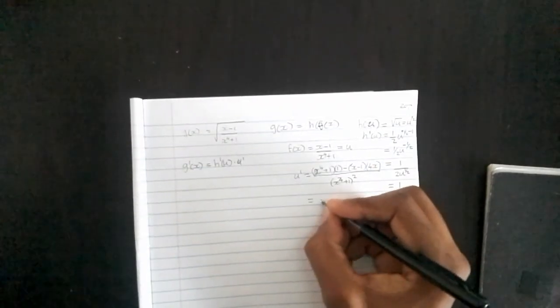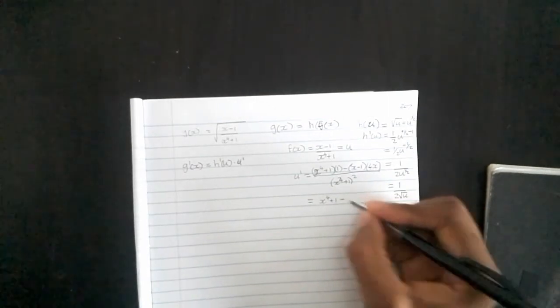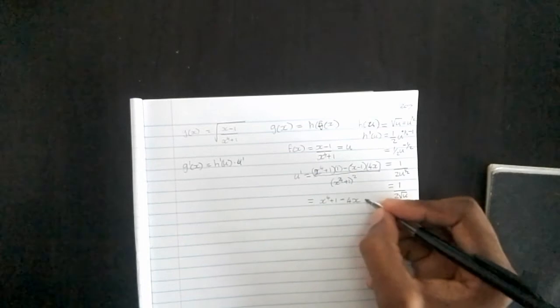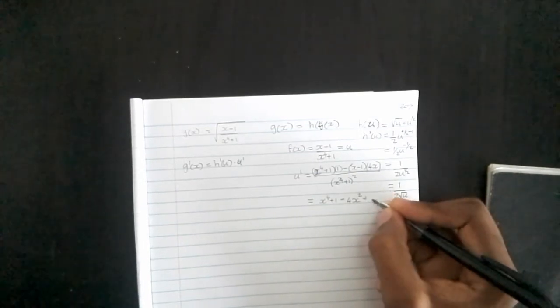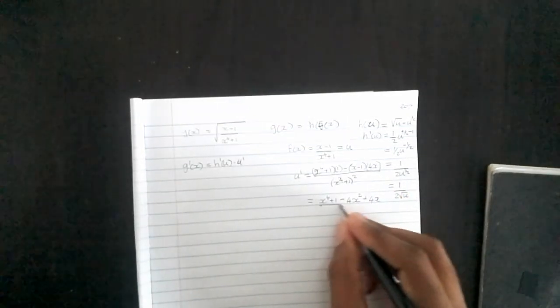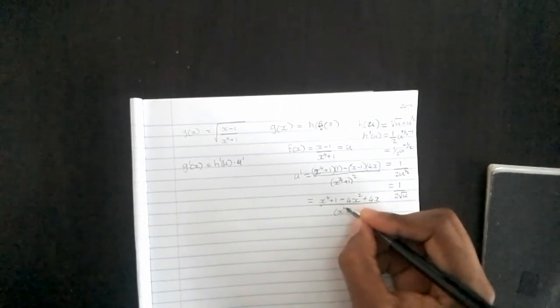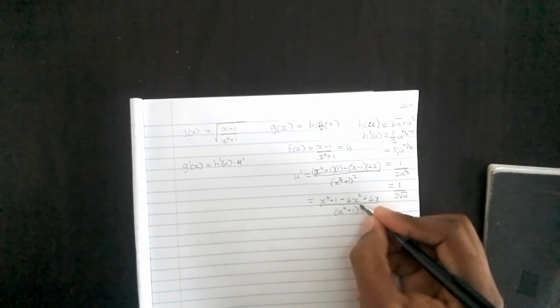So we have x to the 4 plus 1 minus 4x squared plus 4x, over, I'll leave this as is, x to the 4 plus 1 squared.